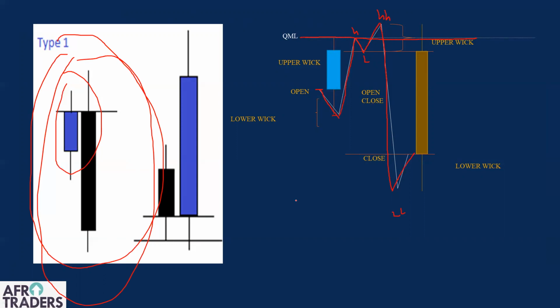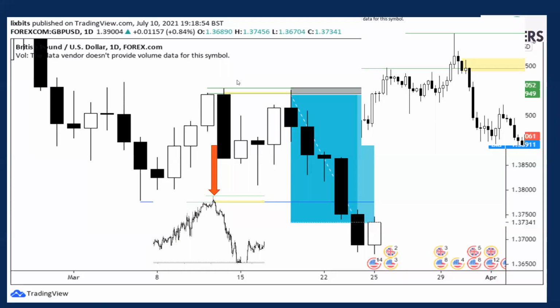Now, for instance, this is an example. You have a bearish engulfing, meaning the price traded below this and created this engulfing. Now, price was coming back. It came back in here and then gave us a drop. Now, let's look at it critically.